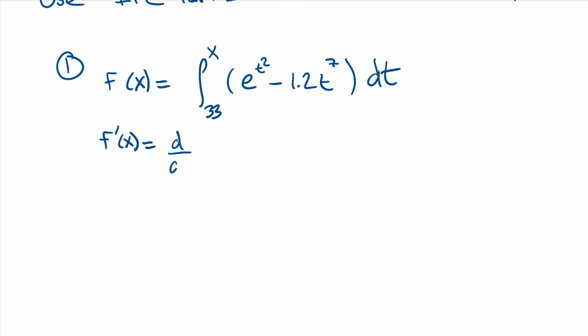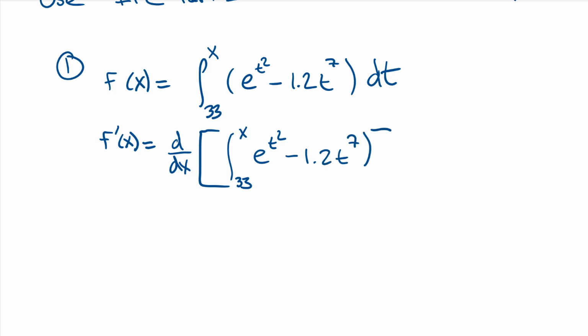That's telling us to take a derivative with respect to x on the integral from some number up to x. That's all it needs to look like. You've got to have some number up to x. Oops. 2t to the 7th. Oh, that's what I missed. dt.